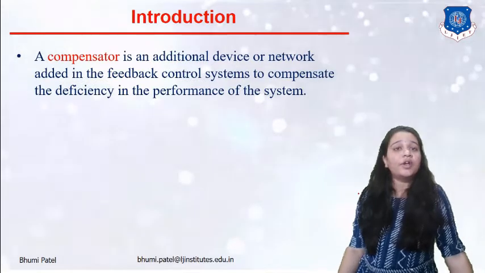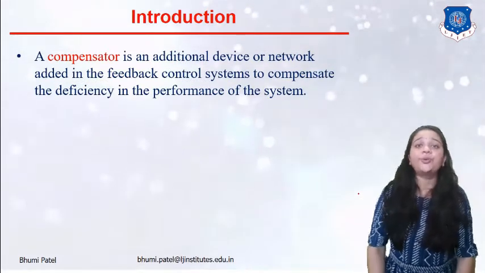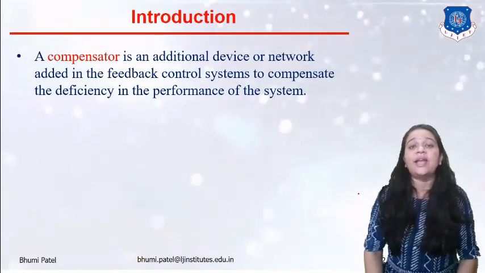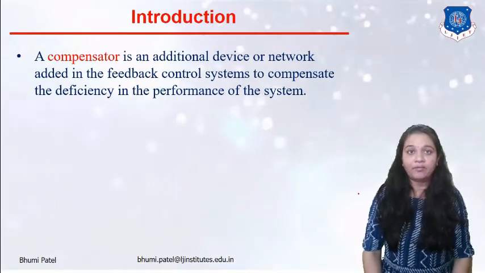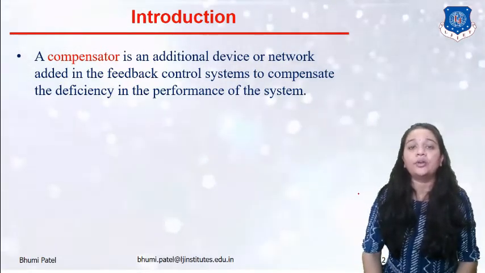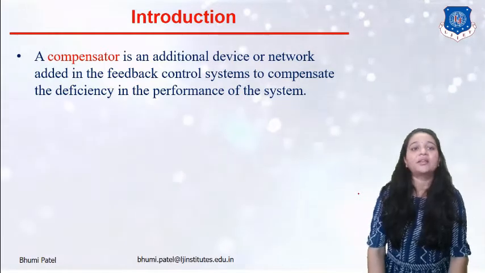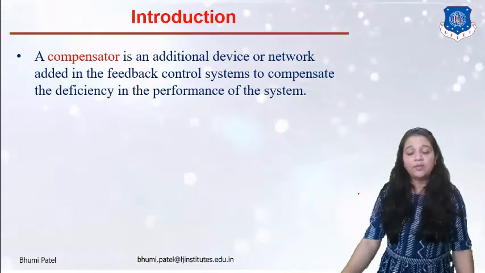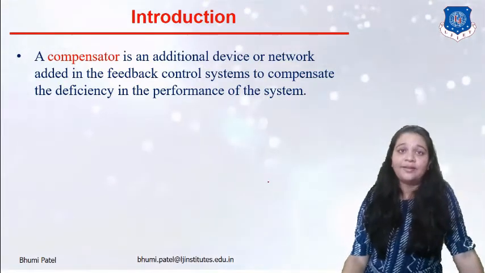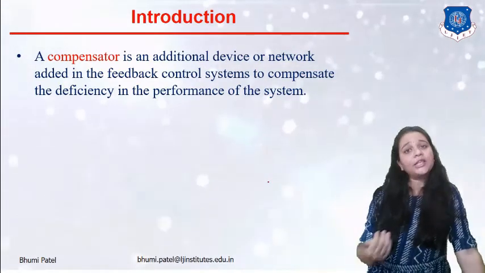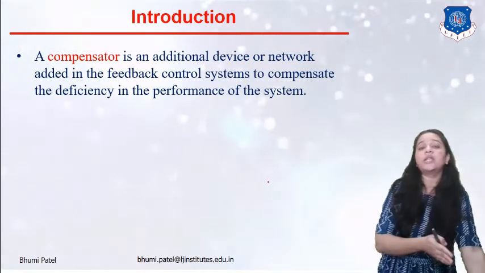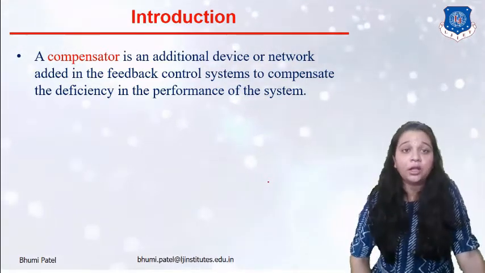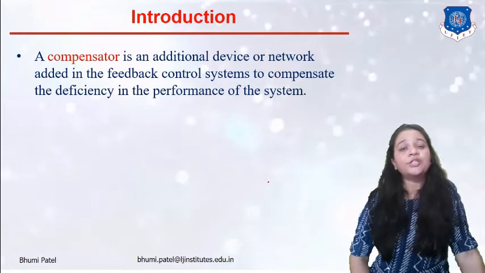So first of all, what is the compensator? As you know, a compensator is an additional device or network added in the feedback control system to compensate for the deficiency in the performance of the system. Generally we can add the compensator in the forward path or in the feedback path, with the input signal or with the output signal, to get better performance of the system.